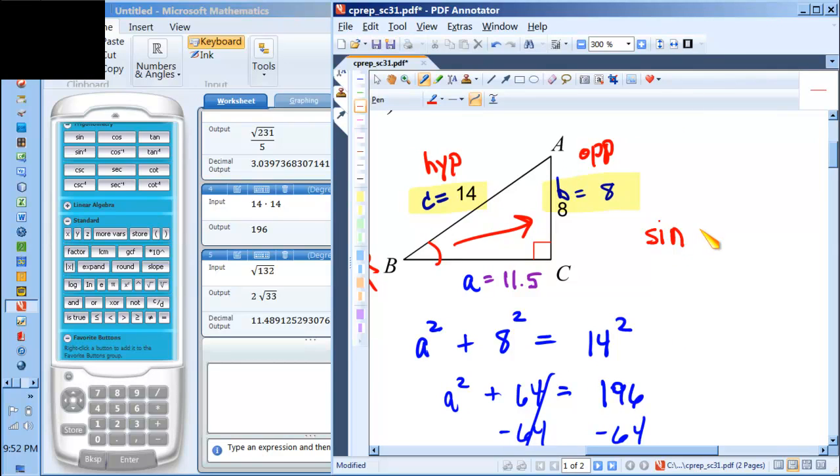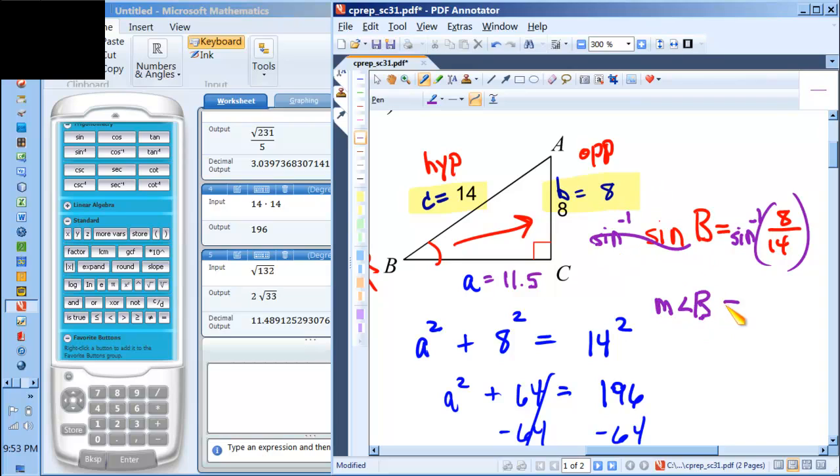So I'm going to write the equation. Sine of B is opposite over hypotenuse. So that would be 8 divided by 14. And then to solve that, I'm going to have to use the inverse sine function, which I do to both sides of my equation. And that gives me the measure of angle B is equal to sine inverse 8 divided by 14.